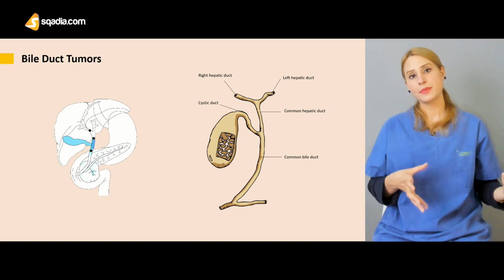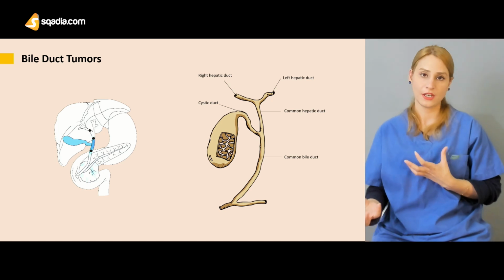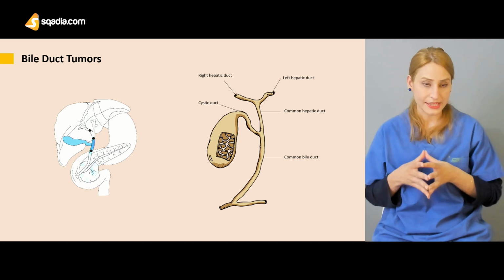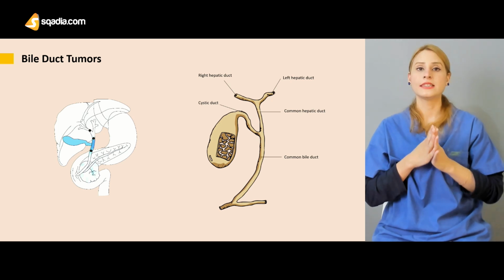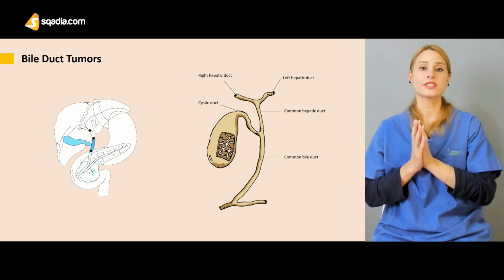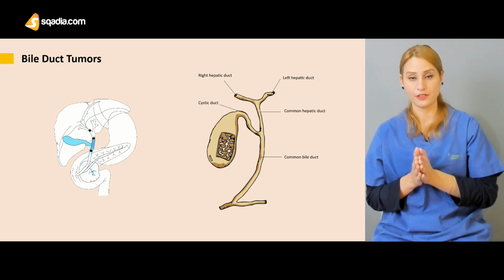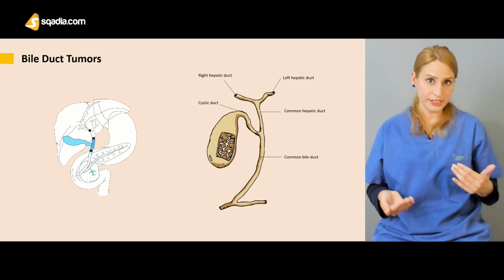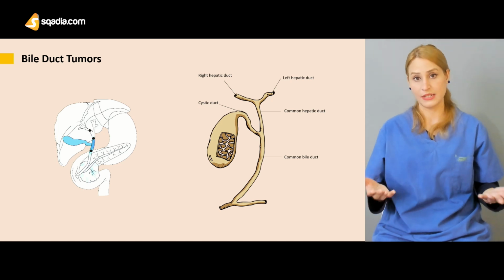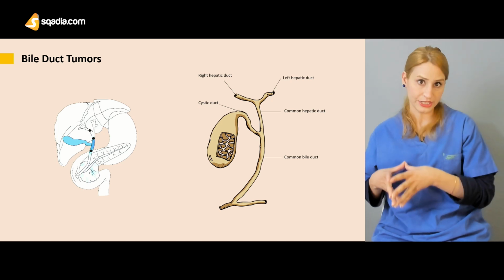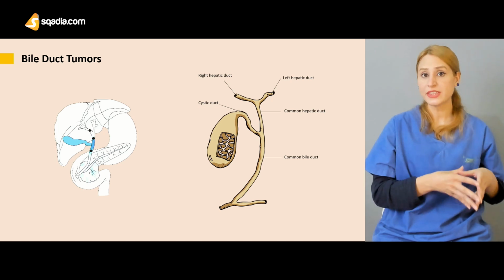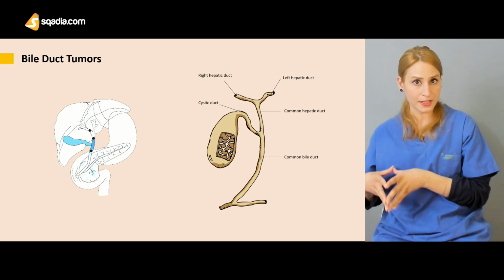So we talked about choledocholithiasis, but bile duct tumors, which are also called cholangiocarcinomas, are rare and not very common. If we talk about their origin, they can be epithelial tumors and non-epithelial tumors.